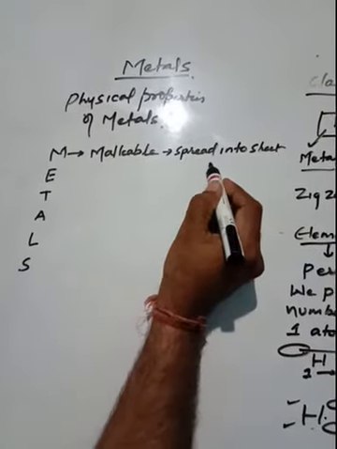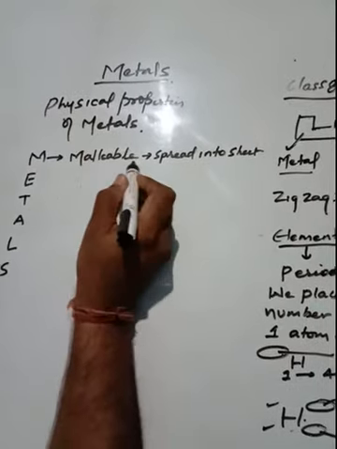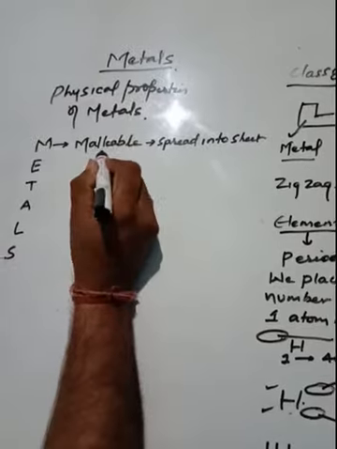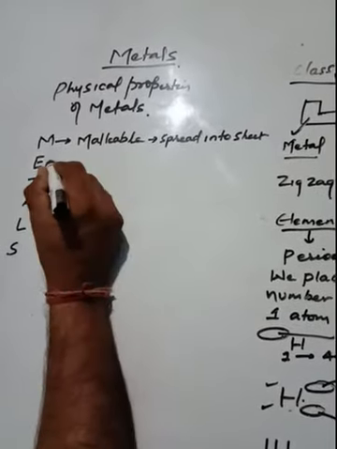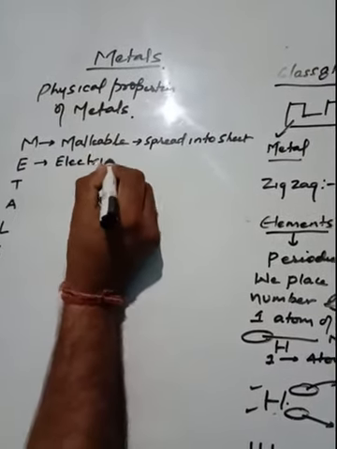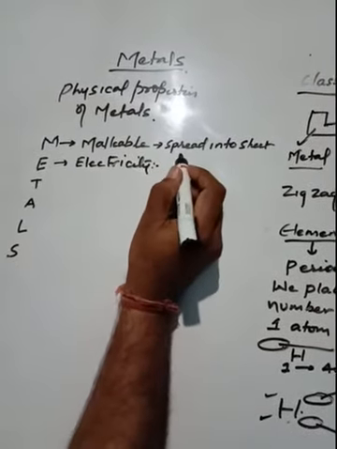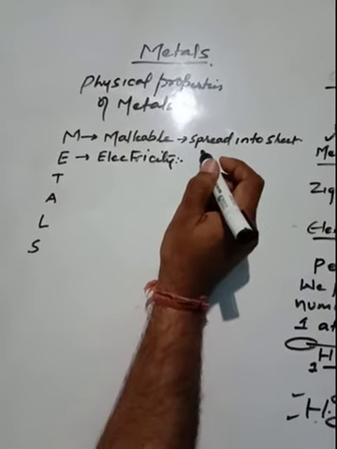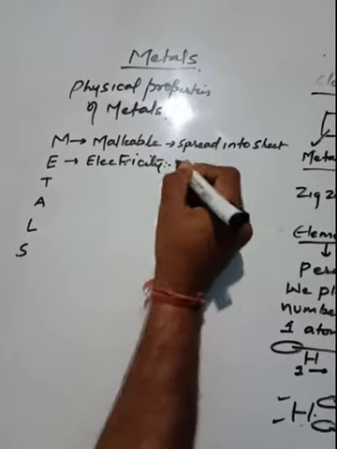Metal has this unique property. Suppose we consider the iron sheet, copper sheet, aluminum sheet, utensils are made up of this type of sheet wrapped in a different fashion. Now E stands for electricity. Electricity means the current passed through it. Suppose the wiring: you will find copper wires, aluminum wires, high tension wires. They are of metals through which current easily passes.